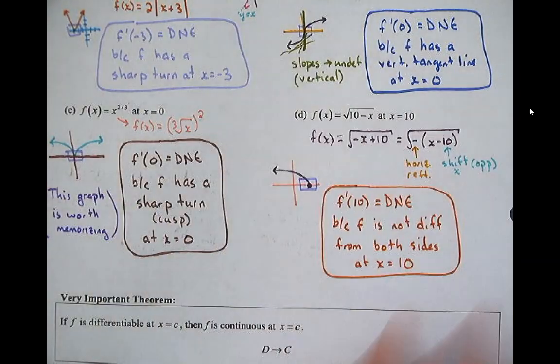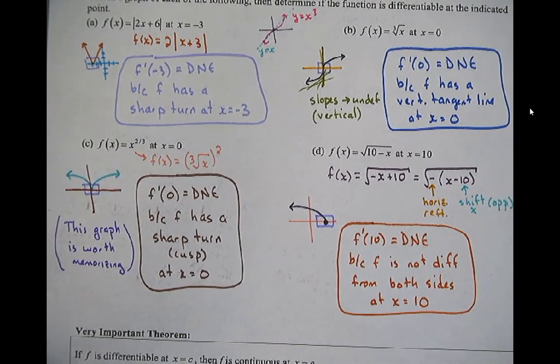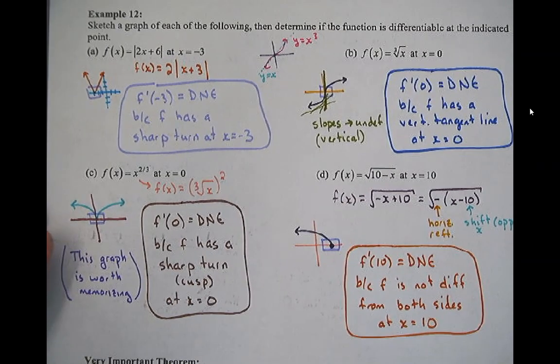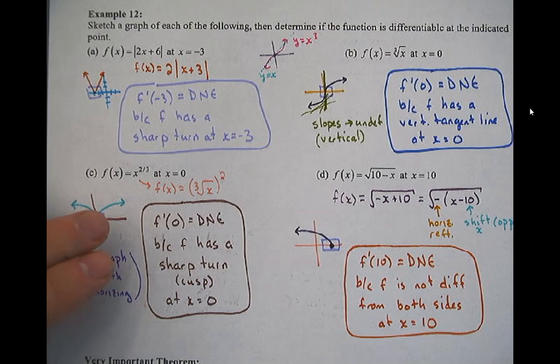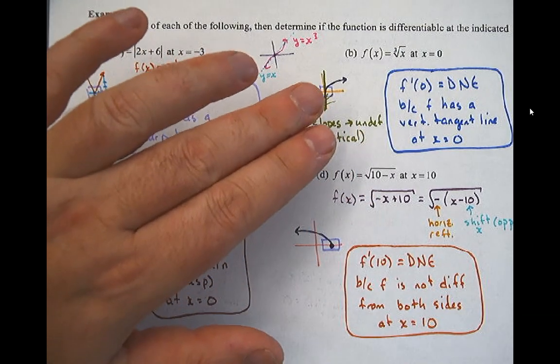Now, this stuff is kind of the big picture stuff. It's one of those things that you don't usually have to prove a whole heck of a lot. It's just introducing to you some of the visual scenarios for which a function's derivative will not exist. So if I have a sharp turn, or a sharp turn that has a kind of curviness to it, which I think is called a cusp, we could look that up later, or you could look that up on your own.